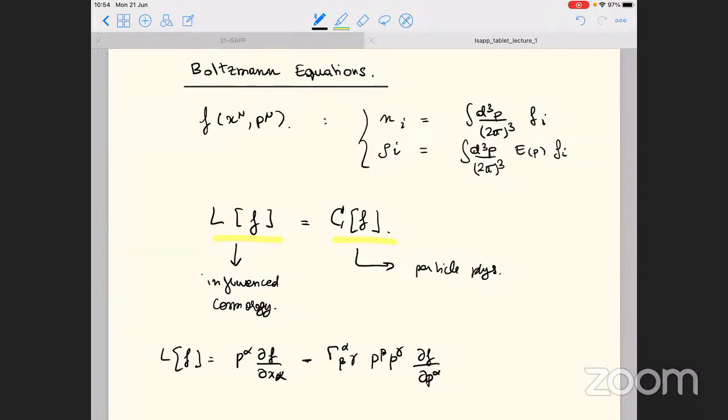And if you go to a homogeneous universe, you don't have a dependence of your distribution function on the position. So I don't have the df over dx^alpha, where alpha is the Lorentz index.